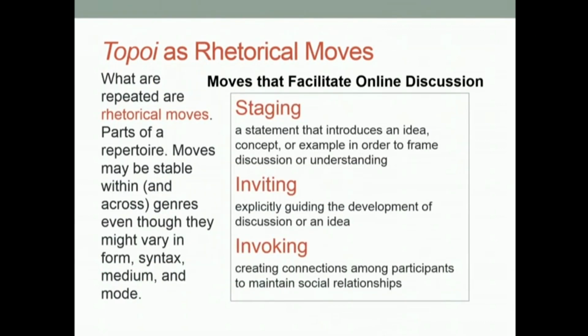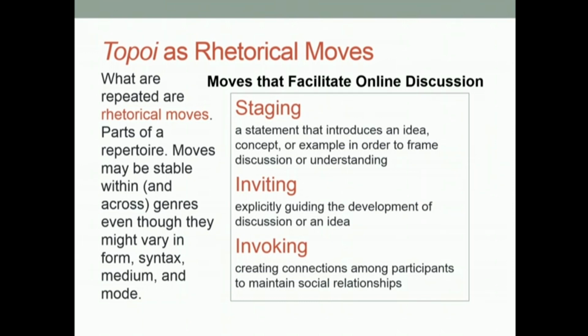All right, so I've got to cut to the chase. What we think we're doing here, I can't tell you if it's the same way that the humans are understanding the way we find moves like staging, which is similar to hedging in some ways, inviting or invoking. I can't tell you if the computer and the human are seeing the same thing.